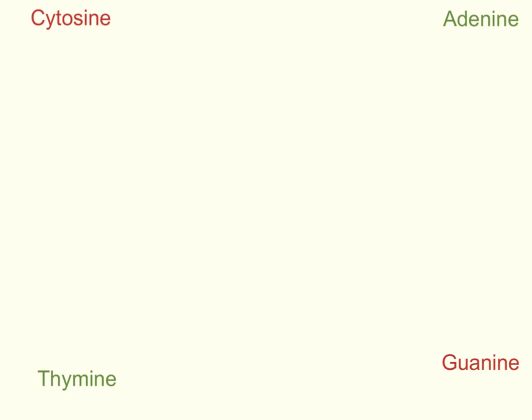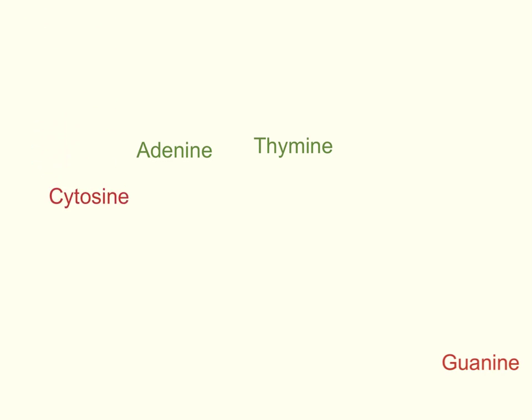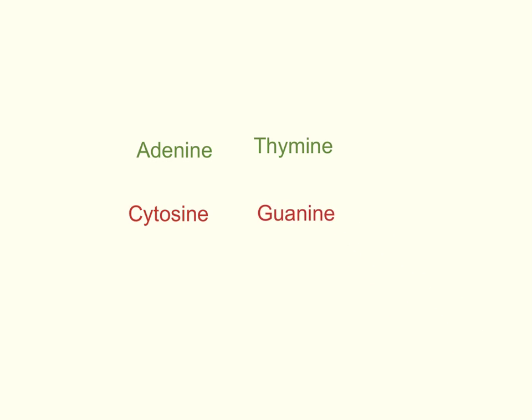In joining the bases together, we know that there's one purine that matches with one pyrimidine, but which ones go together? One of the easiest ways I have to put them together is to remember that adenine always bonds with thymine, and cytosine always bonds with guanine.